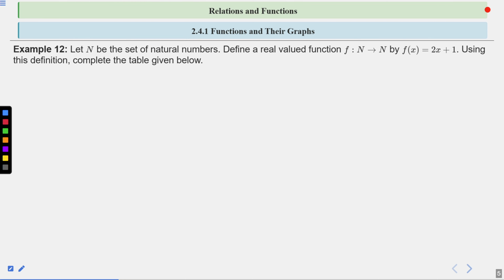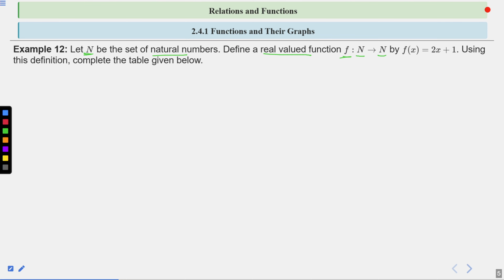Now, this example. N represents your set of naturals, this capital N, and we are having a real valued function f from N to N, defined by 2x plus 1.